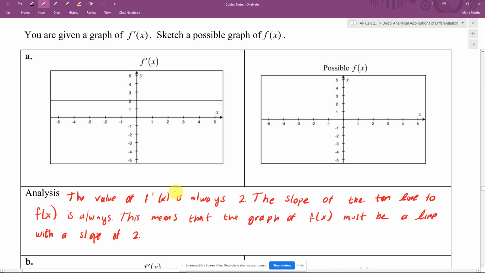For right now, in y equals mx plus b form, we can say that this is going to be y equals 2x.